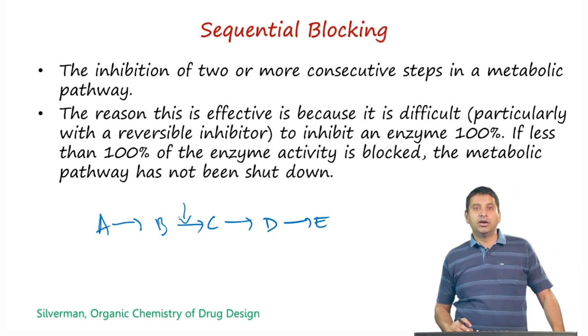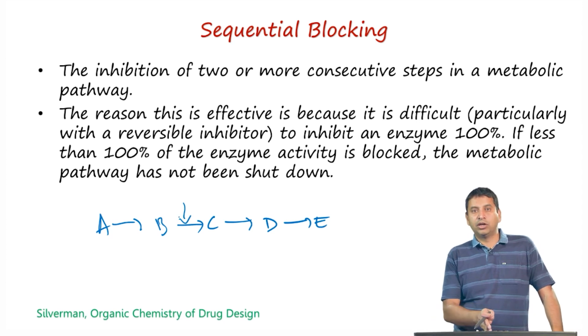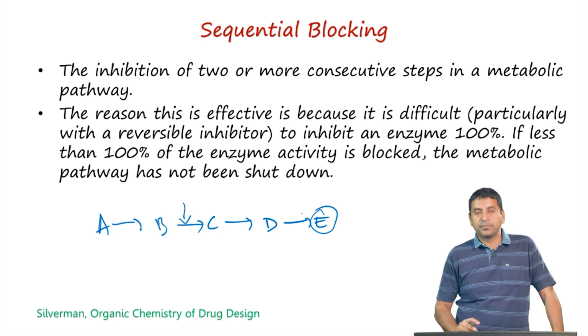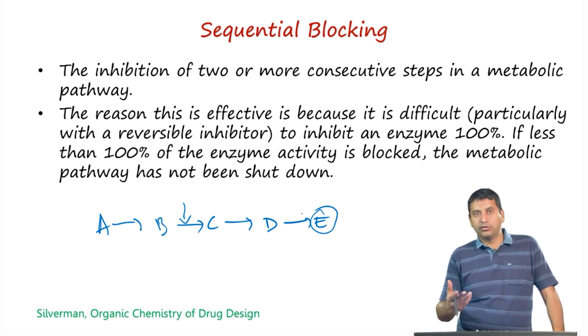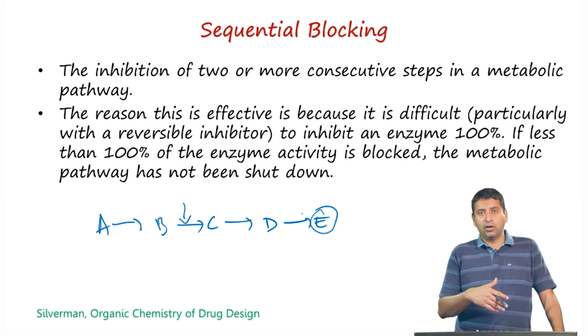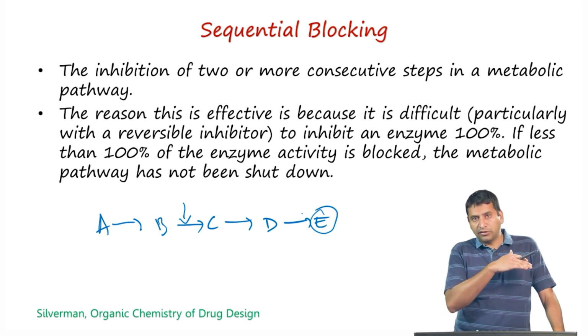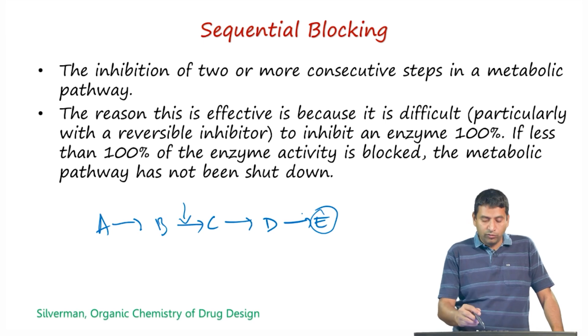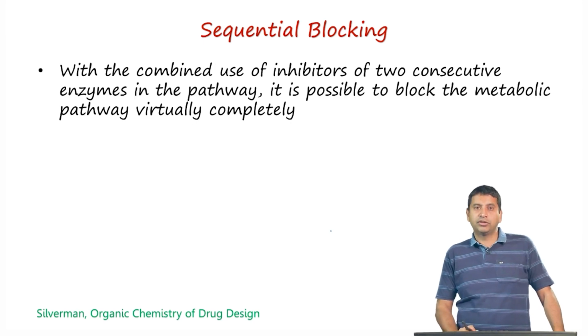Because B does not get converted to C by inhibition, you do not get to the formation of E. But because we are looking at reversible inhibition, it is possible that you would never get 100% inhibition. So, if less than 100% of the enzyme activity is blocked, then the metabolic pathway has really not truly been shut down. There is always going to be some amount of E that is produced.